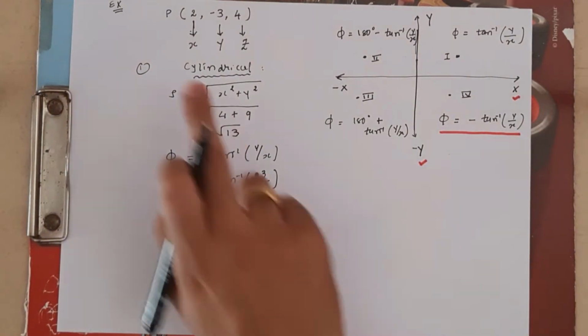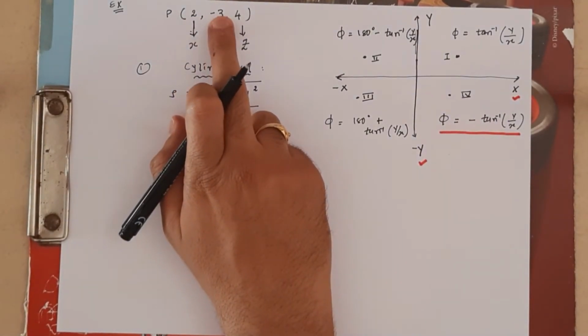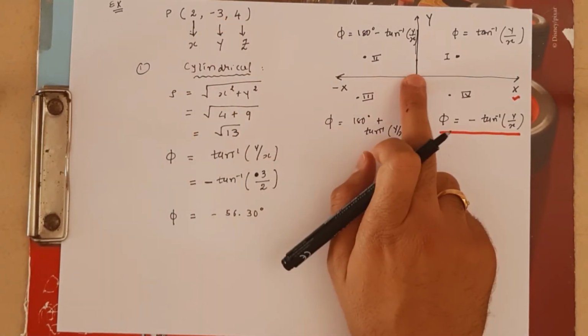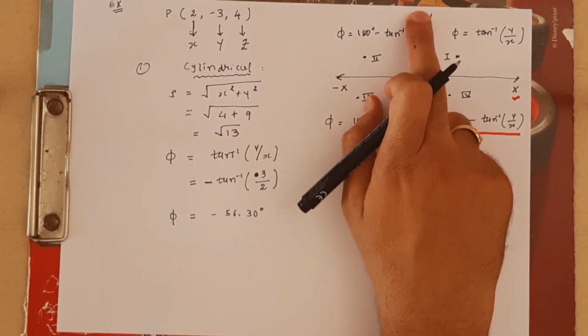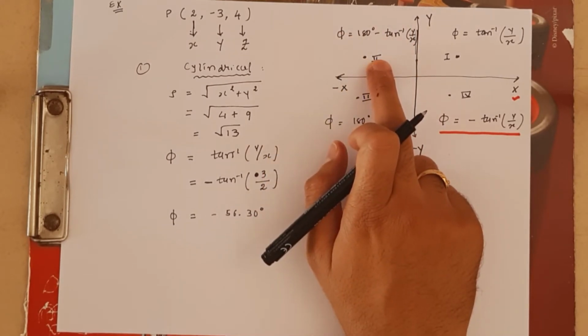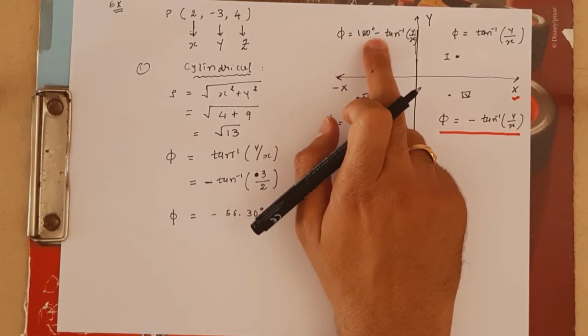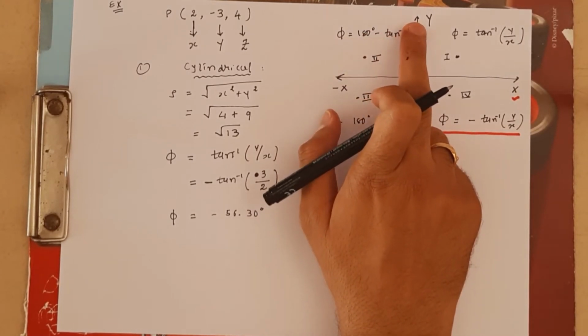Suppose, for example, x is minus 2 and y is plus 3, then the point is present in which quadrant? X is minus 2 and y is plus 3, so this point is present in the second quadrant. So I have to use phi is equal to 180 degree minus tan inverse y by x.